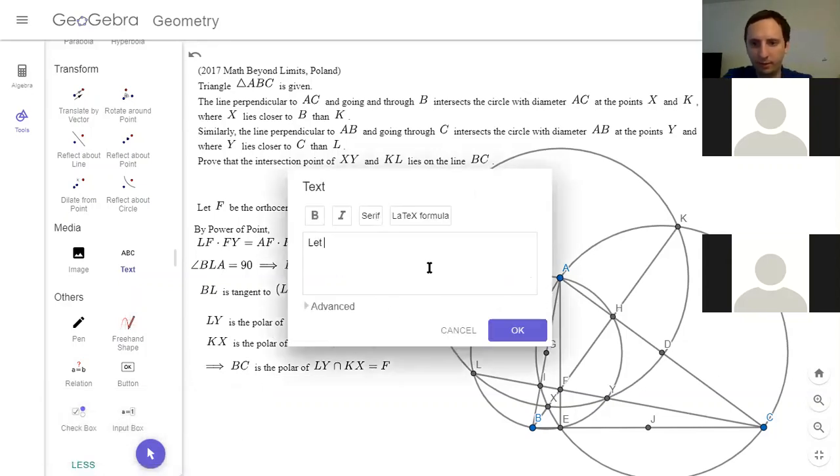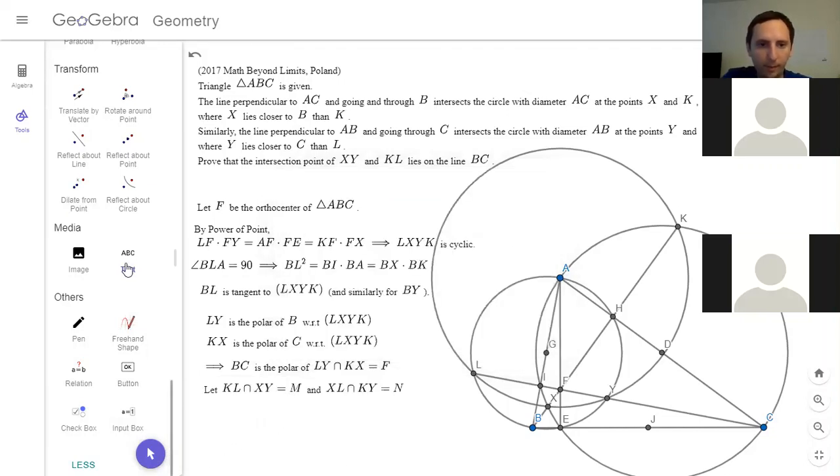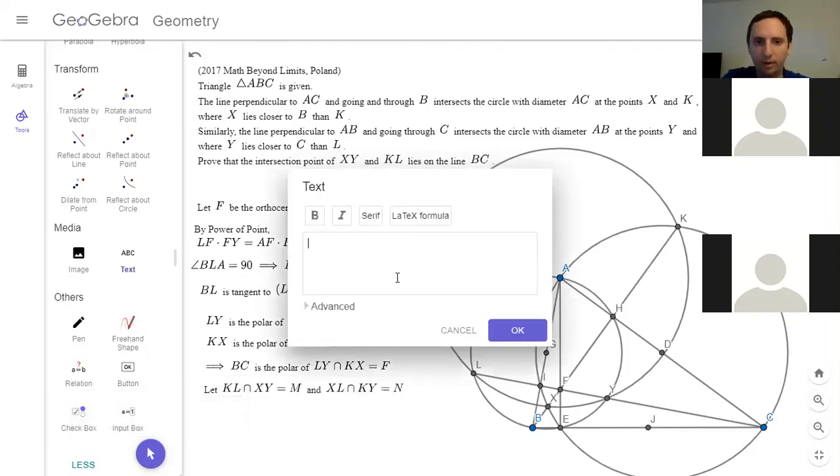So let KL intersect XY equal N, and XL intersect KY equal N. I don't think we've used M and N. By Ricard's theorem, MN is the polar of F.